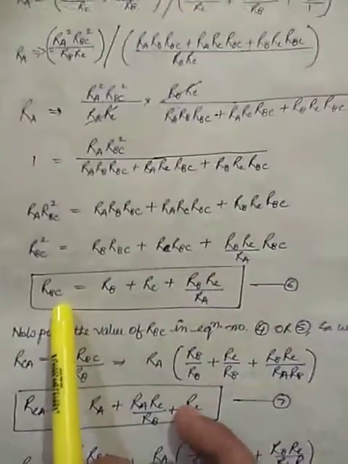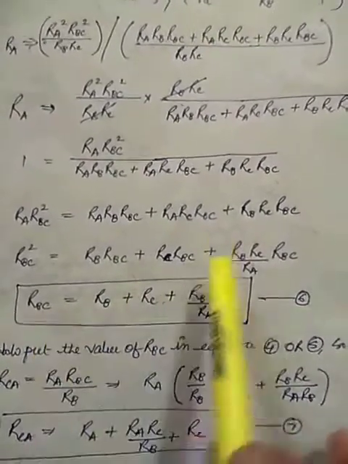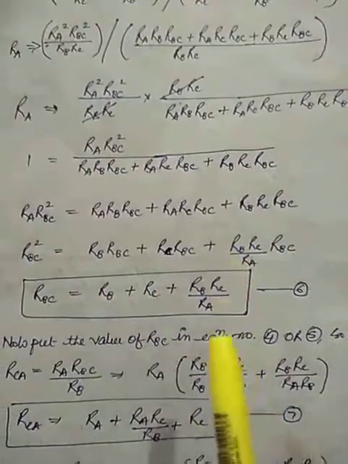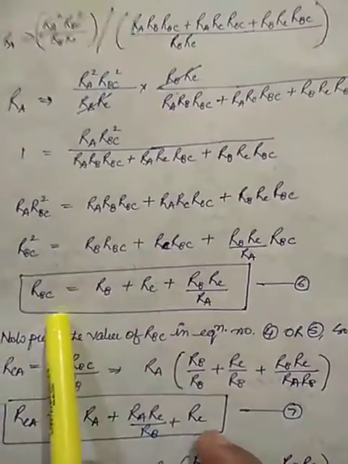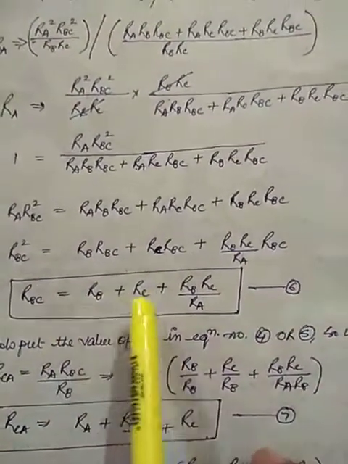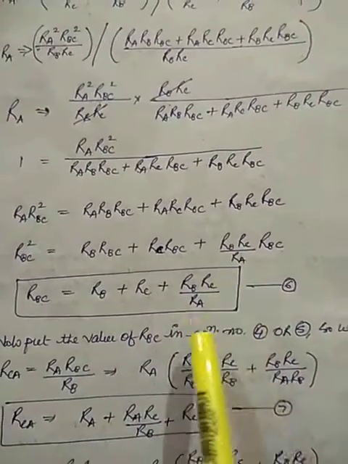From here we get the value of RBC. With these steps we get RBC equal to RB plus RC plus RB into RC divided by RA.